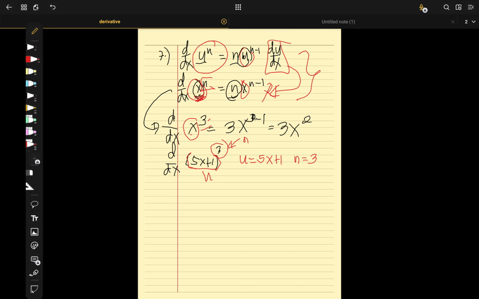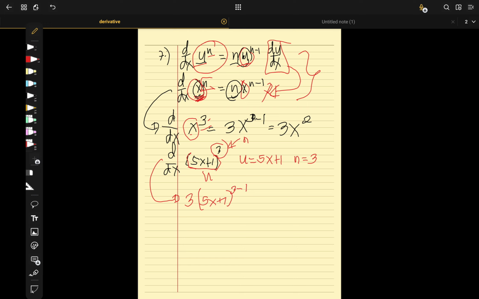So, meron tayong u raised to n. Now, follow natin yung formula. Ang derivative nito will become n, 3, u. Ang u natin is 5x plus 1. Tapos, n minus 1, 3 minus 1.